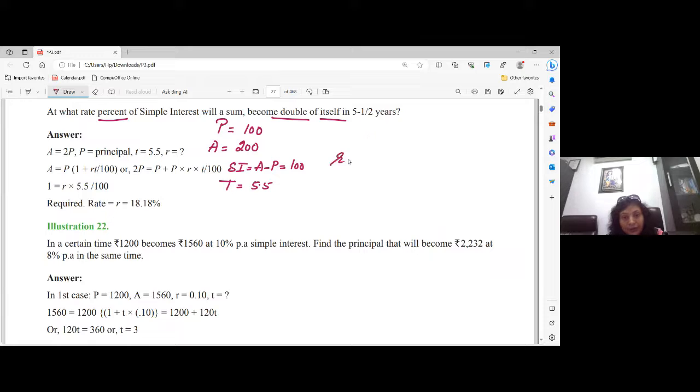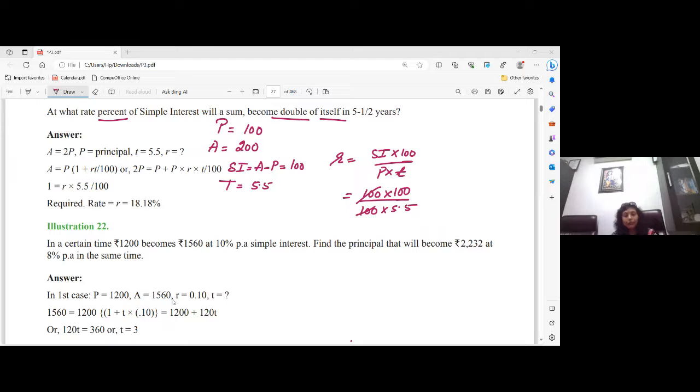Rate percent is simple interest into 100 upon principal into time. So simple interest is 100 into 100 upon principal 100 and time period 5.5. So 100 divided by 5.5 is equal to 18.215.